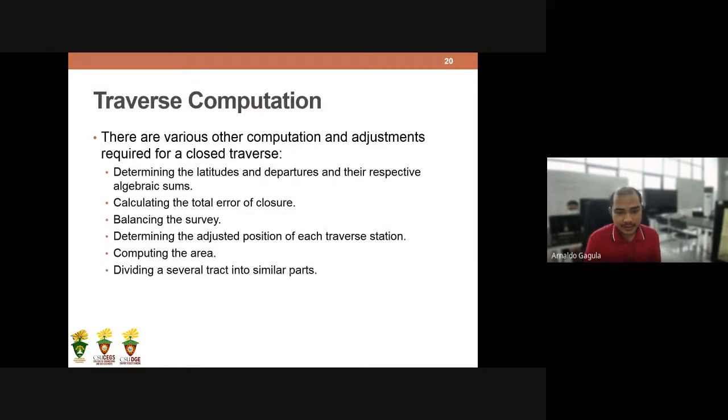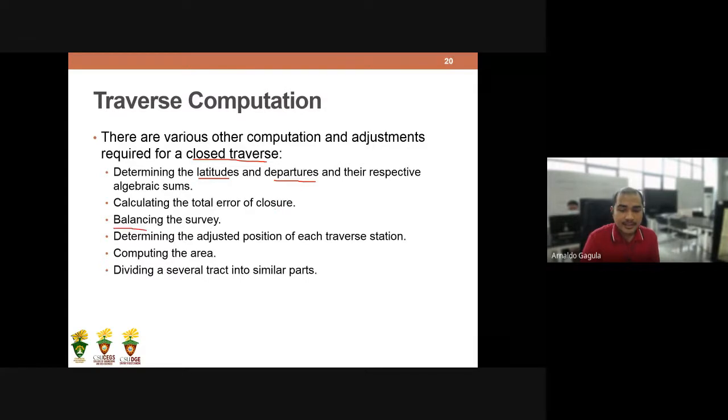So in computing a traverse, there are various computations and adjustments required for a closed traverse. First, we need to determine the latitudes and departures and their respective algebraic sums. So, DMD, DPD for that concept. And calculating the total error of closure.